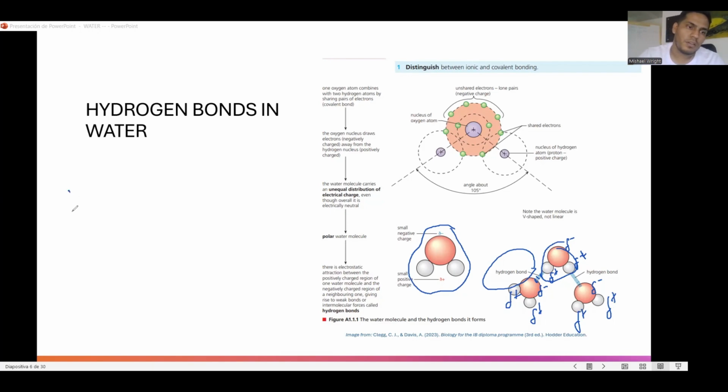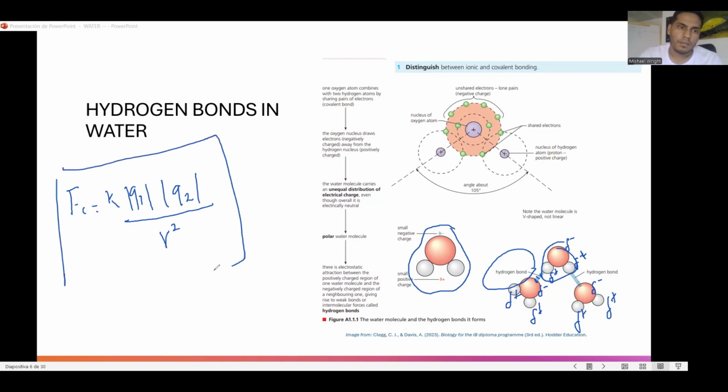So if you look at something that is called Coulomb's law, in Coulomb's law we say that Coulomb's constant times charge 1 times charge 2 over the square of the radius, right? Remember, this is Coulomb's law.